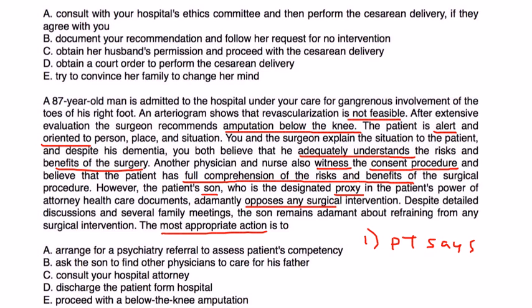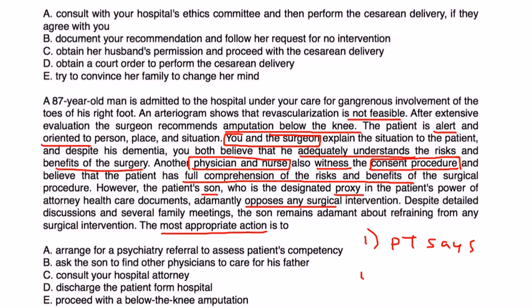It's interesting how, in this question, first you and the surgeon explain it. And then because you probably weren't sure, you had another physician and nurse witness it. And that was all done to legally protect yourself. You've been convinced that the patient understands everything and is competent, and he says yes, he consents to the procedure, so you have to follow his wishes.